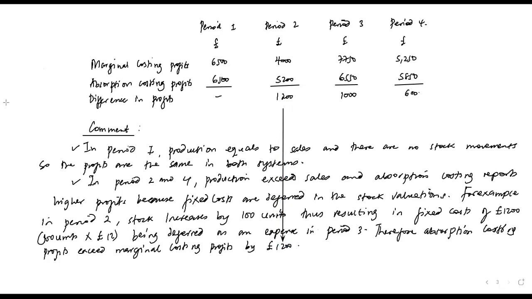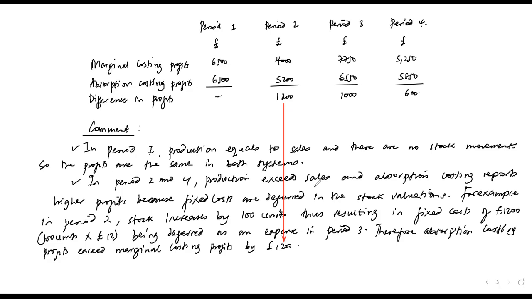Let me use a different color for you to be able to observe that. So you can see that difference in profits between marginal costing and absorption costing, the 1,200. It's simply because of the closing inventory, those inventory movements. Remember, we value inventory using different values.